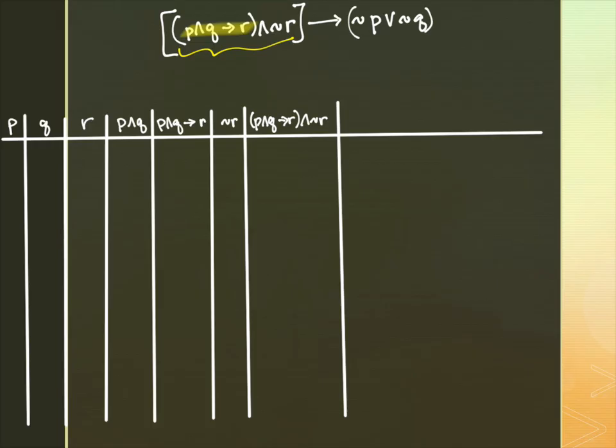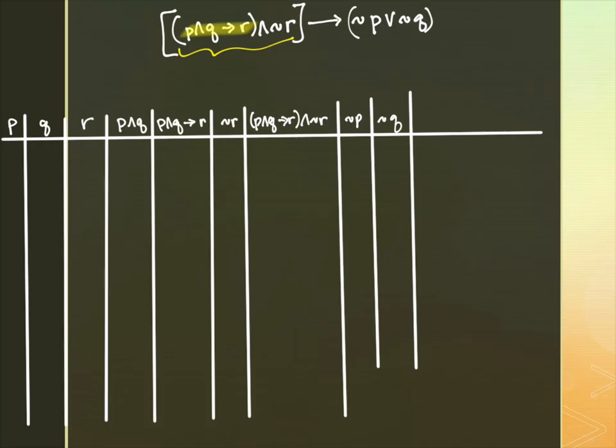So moving over to the right-hand side, moving from inside out, I need a column for tilde P, and I need a column for tilde Q. Okay, and then what do I need?